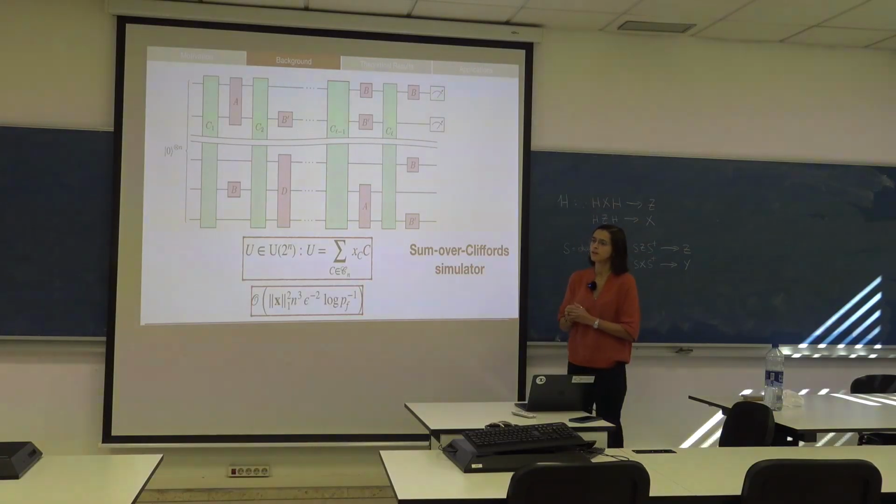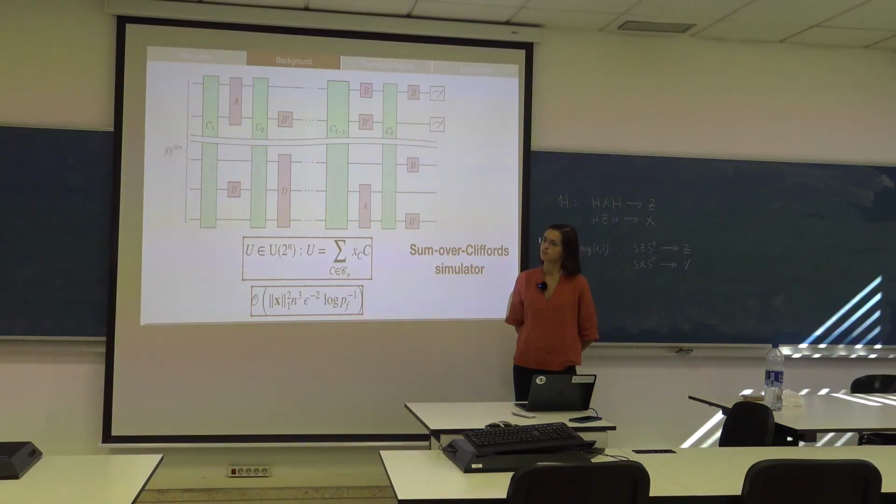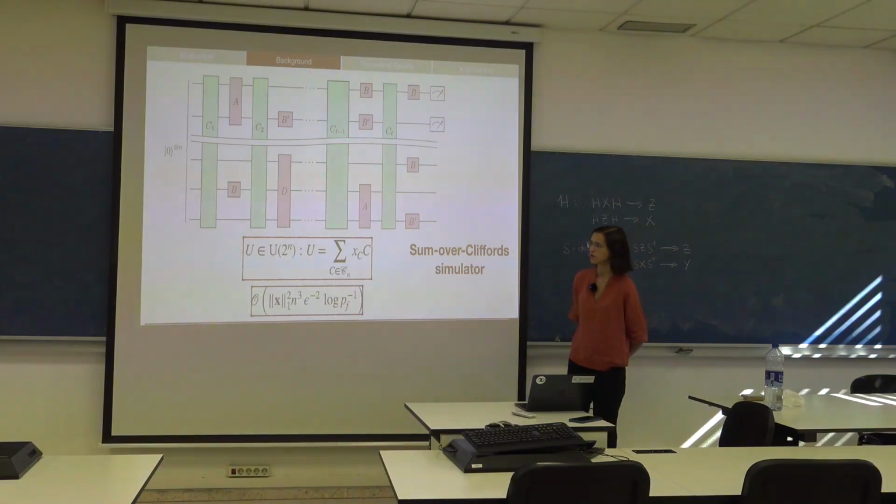Yeah, go ahead. Just to make sure I'm understanding this, for each of the non-stabilizer operations, you're decomposing this as a weighted sum of Cliffords in the circuit, and then you're basically simulating many runs of the action of this circuit for each decomposition into just straight Cliffords, and then at the end you somehow sum up the statistics for... Yeah, so what you do is, you write it as a sum over Cliffords.